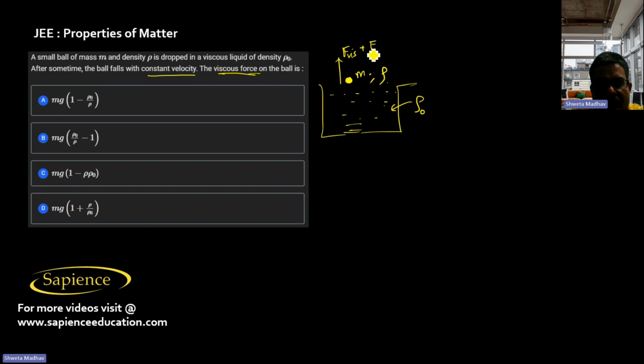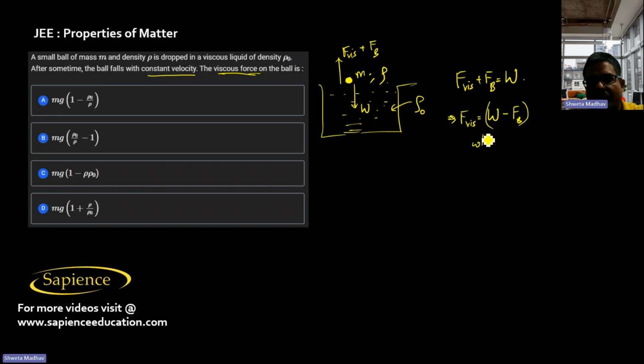The net upward force is the viscous force plus the buoyancy force, and the downward force is the weight. So when it falls with a constant velocity, obviously the viscous force plus the buoyancy force will be equal to the weight. Therefore the viscous force is equal to the weight minus the buoyancy force, when it moves with a constant velocity inside the liquid.